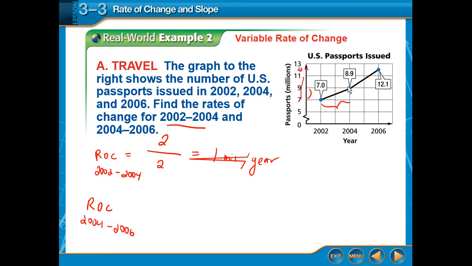So it goes from 9 to 12, that's a change of 3, over the change in the independent variable. That one changes by 2 as well. So 3 over 2 is the same thing as 1.5. So it changed by 1.5 million per year.